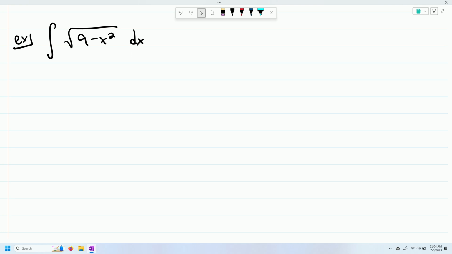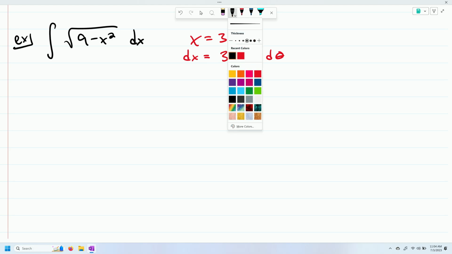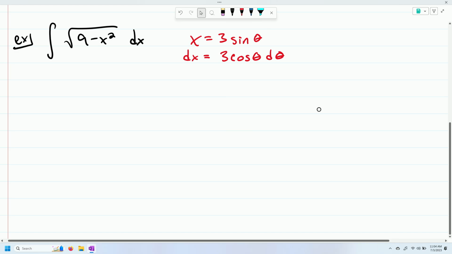However, if we were to make this substitution, let's let x equal 3 sine theta, and then we take the derivative of that, dx equals 3 cosine theta d theta, and I'll show you how to get these in a second. If we were to do this and then make these substitutions, watch what happens here.